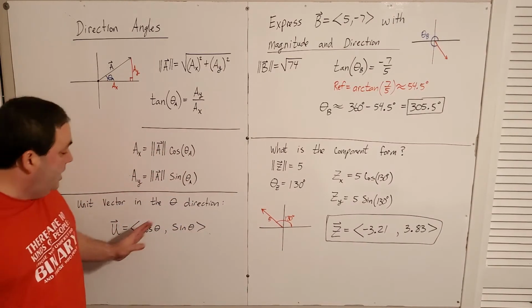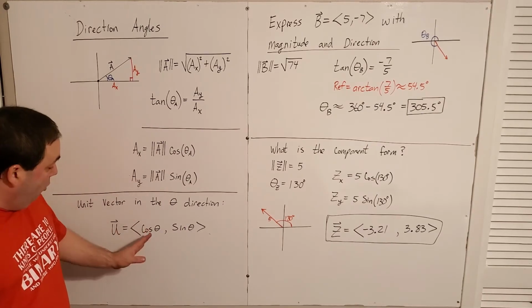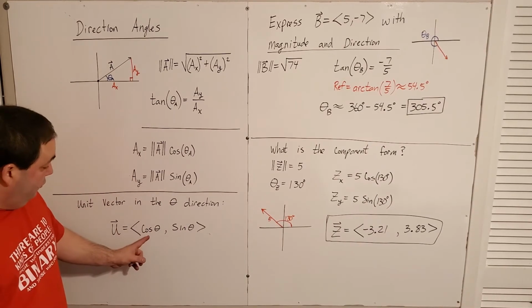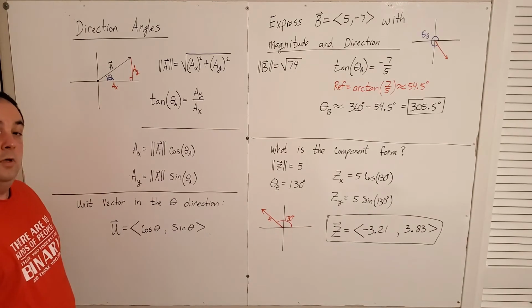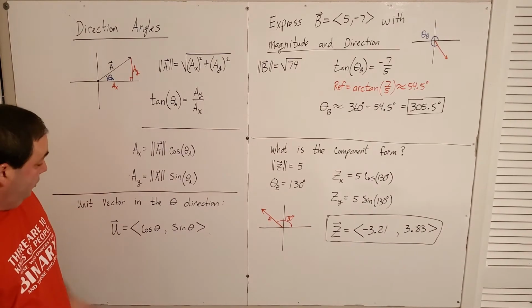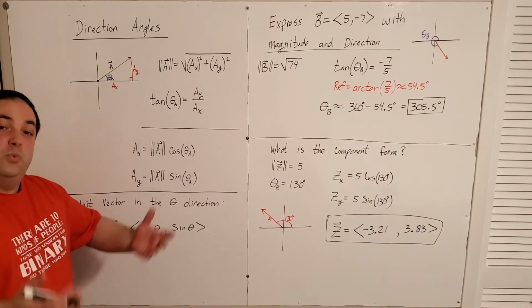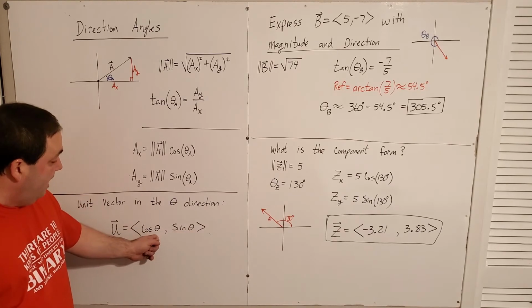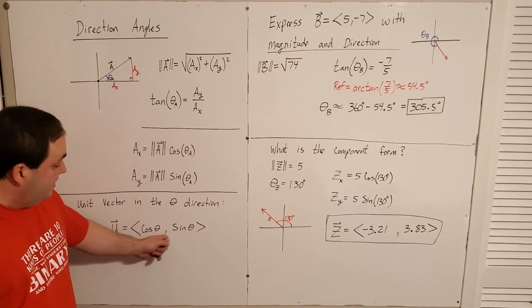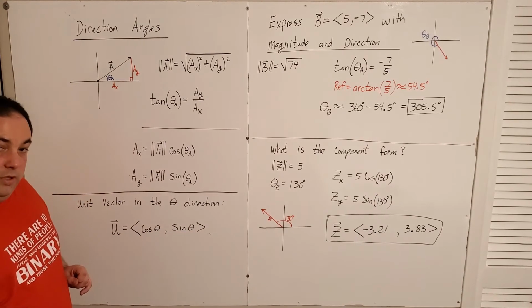Anytime you're going to create a unit vector, all you need to do is have an angle. And you just need to put the cosine of that angle, comma, the sine of the angle. And that will guarantee you have a unit vector, because cosine squared plus sine squared is 1. Right? And I'll know that it's in the theta direction because I'm using the theta to create the two components.